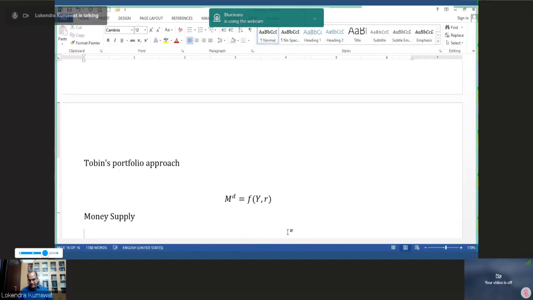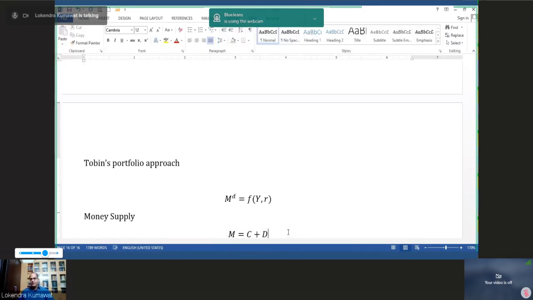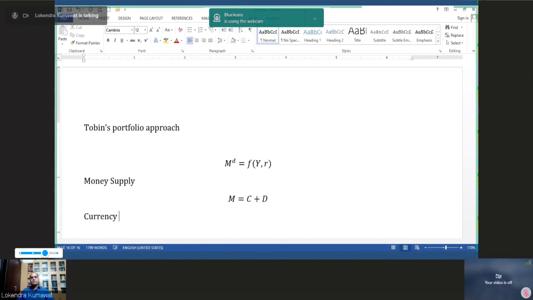So M is given by currency with the public plus deposits with the banking system. This is what total money supply is equal to.